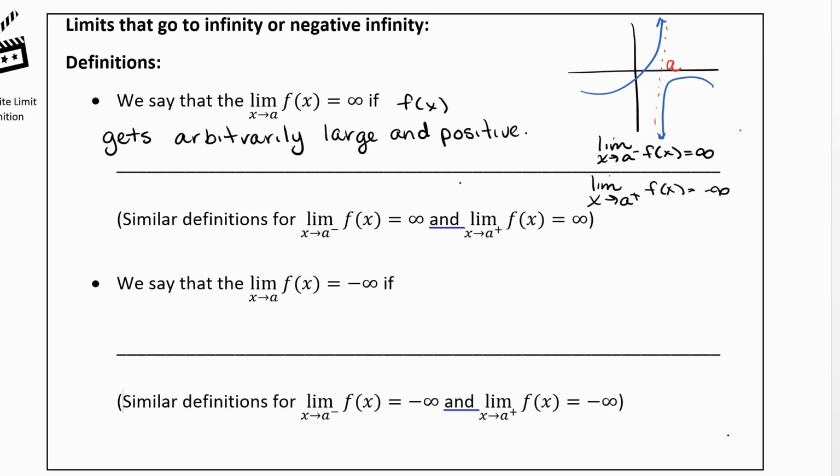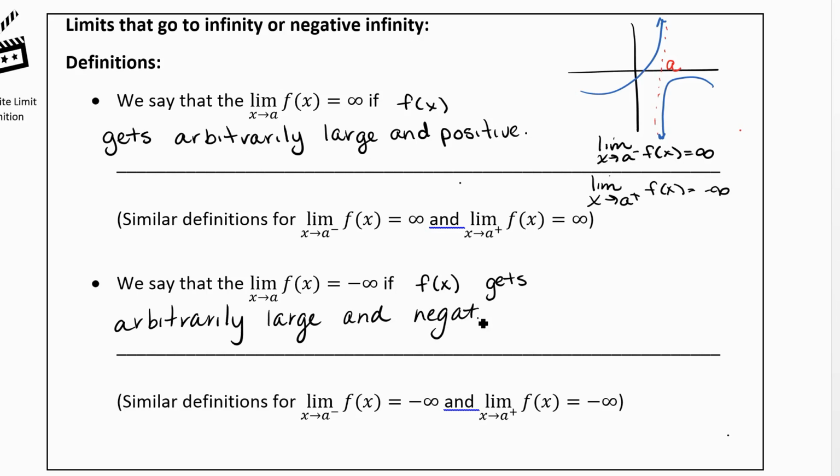So here we can say our limit goes to negative infinity if f of x gets arbitrarily large and negative.